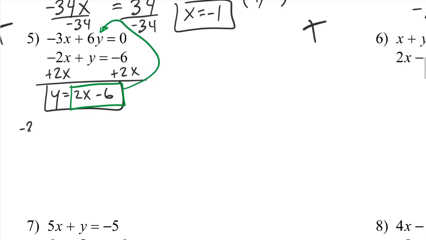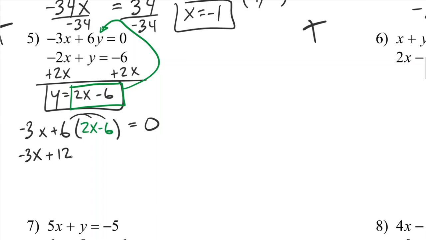So we get negative 3x plus 6y equals 0, and we're going to sub in 2x minus 6. We'll distribute this 6: negative 3x plus 12x minus 36 equals 0.